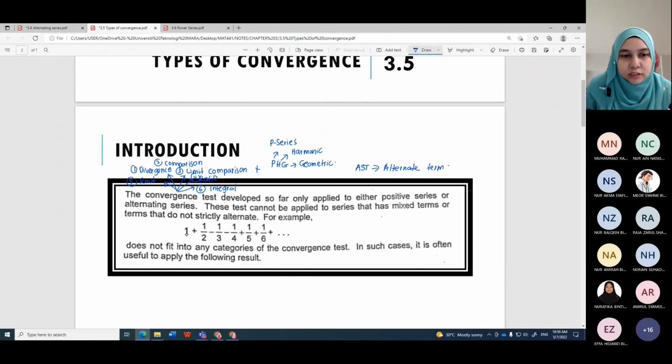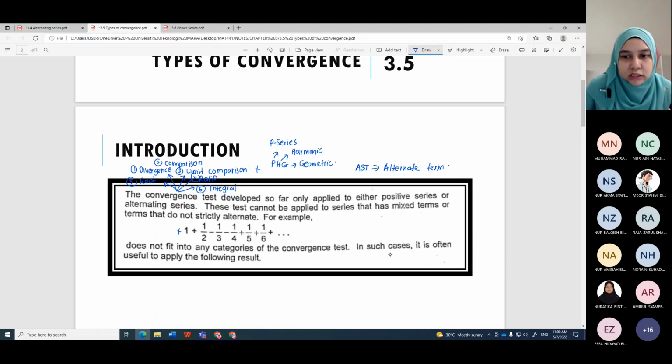Okay, so for example, we use this test if the series involve mixed terms. So kat sini kita ada positive 1 plus 1 over 2, okay, negative 1 over 3, then negative 1 over 4, plus 1 over 5 plus 1 over 6. So kat sini the mixed term lah, dia ada positive, positive, negative, negative, positive, positive. Dia bukan positive, negative, positive, negative. Okay, does not fit into any category of the convergent test. Okay, so this series does not fit any test lah.